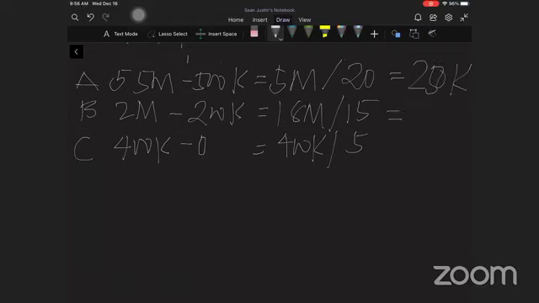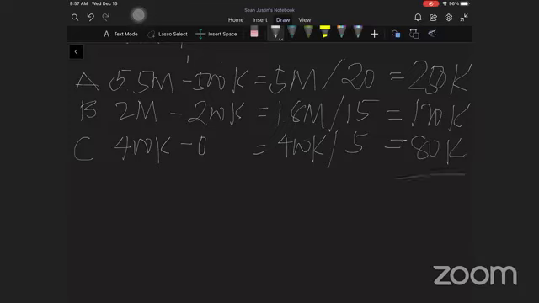For machine B, you have 2M cost minus 200,000 residual value, 1.8 million depreciable amount, divide 15 years, so that is 120,000. How about machine C? That's 400,000. Walang residual value, therefore the depreciable amount 400 divide by 5 years, that's 80,000.